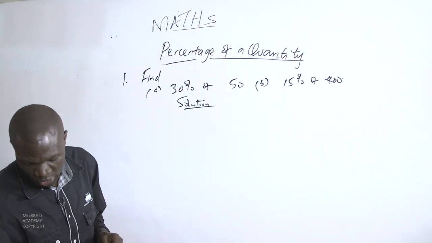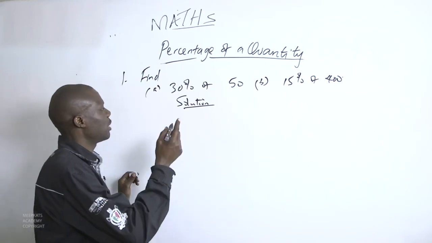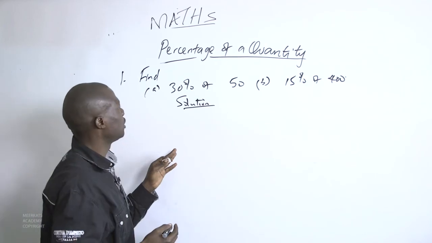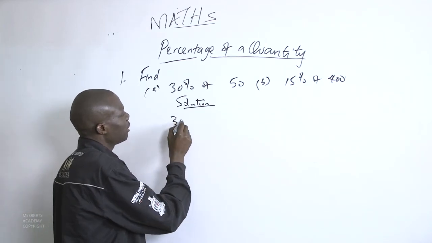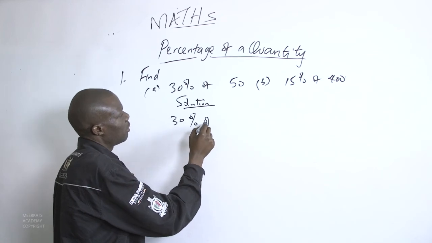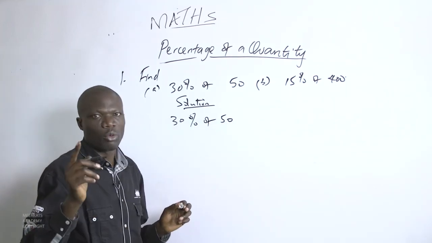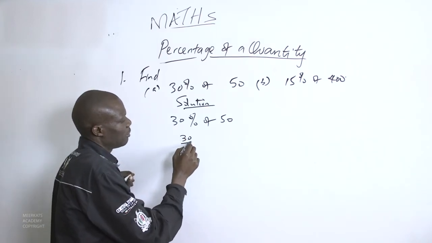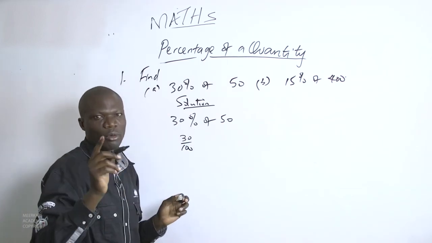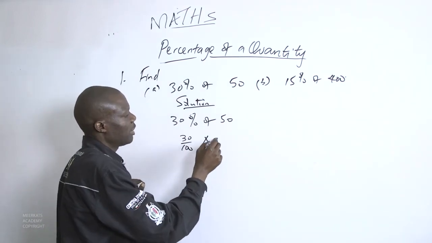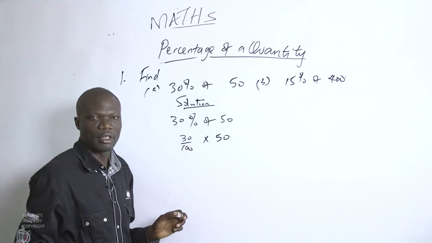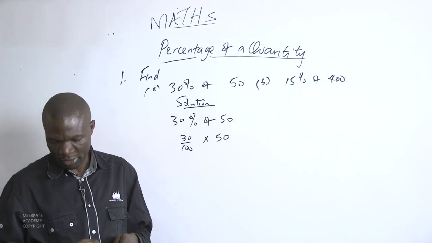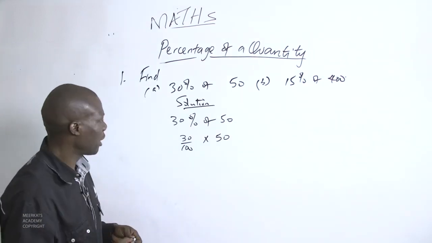As we said earlier, the first thing is to express 30% as a fraction. That is 30 over 100. Replace the word "of" with a multiplication sign. So we shall have 30 over 100 times 50.